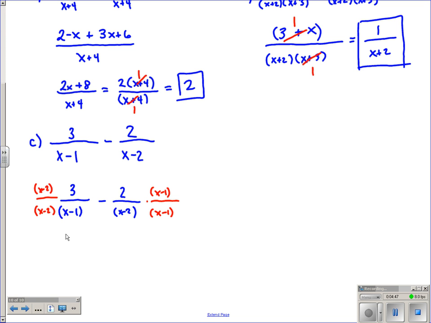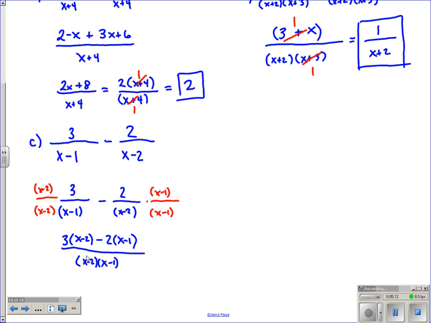So we now have 3 times the quantity of x minus 2 minus 2 times the quantity of x minus 1 all over x minus 2 times the quantity of x minus 1.